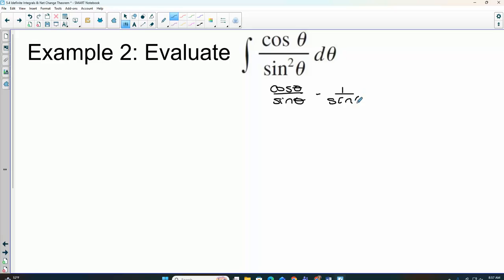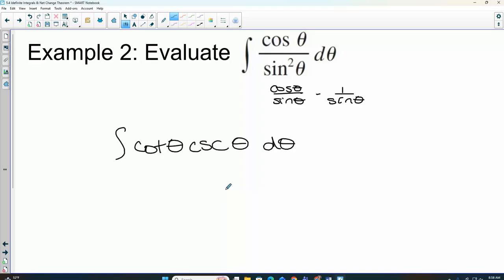Would you guys agree with that? What is cosine over sine? What is 1 over sine? It's been a while, huh? So sometimes we have to simplify first.